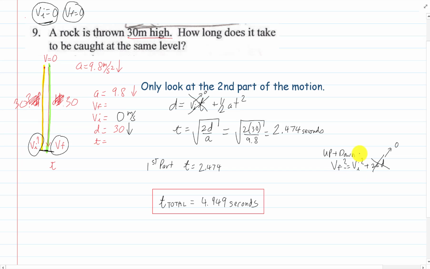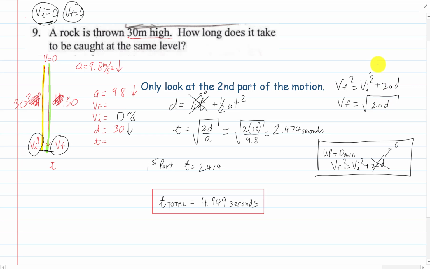So how fast does an object travel after falling for a time of 2.47? We can do it that way. Or after falling from rest, this is up and down, but I'm just going to do the second part. VF squared is equal to VI squared plus 2AD. So VF is going to equal the square root of 2AD because when it's dropped, the second part, the VI is 0.